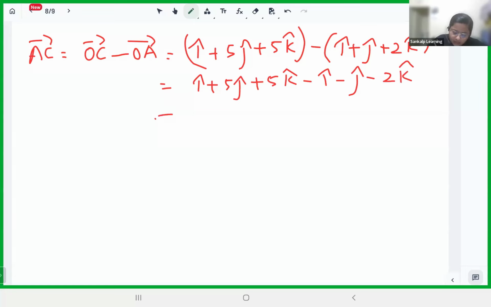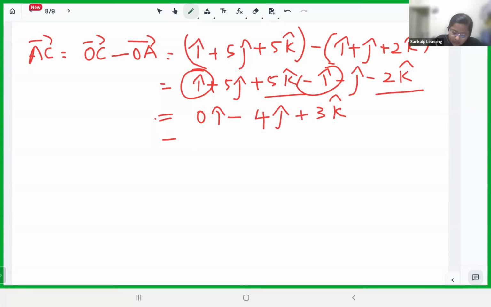If you subtract the components, i minus i is 0i, then 5j minus j is 4j, then plus 5k minus 2k is plus 3k.